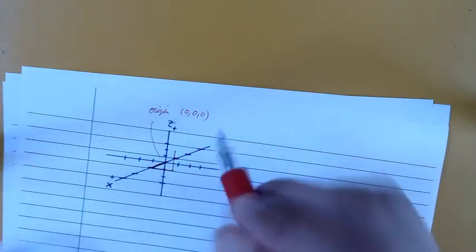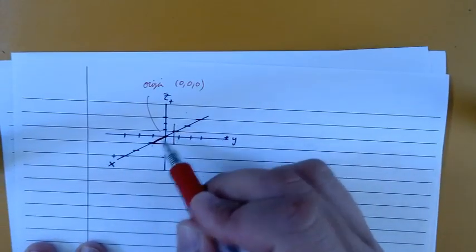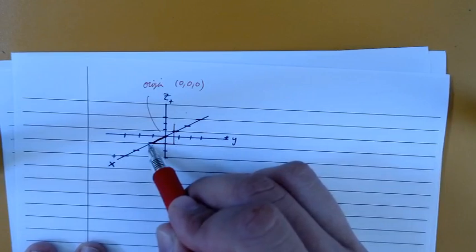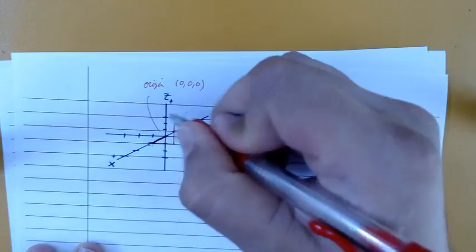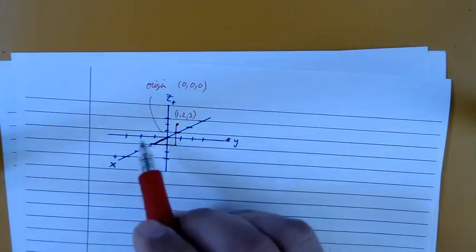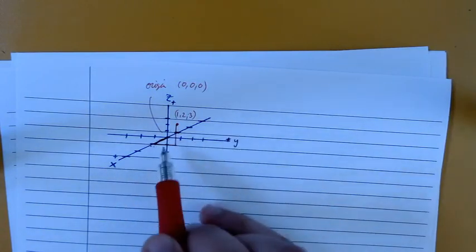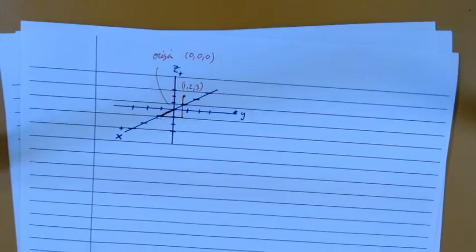Like that. So this has 3 parts to it. First you move in the x direction, then the y, then the z. I moved 1 in the x direction, 2 in the y direction, and 3 in the z direction. This point would be 1, 2, 3. Positive is out, negative is in. Positive is right, negative is left, positive is up, and negative is down.